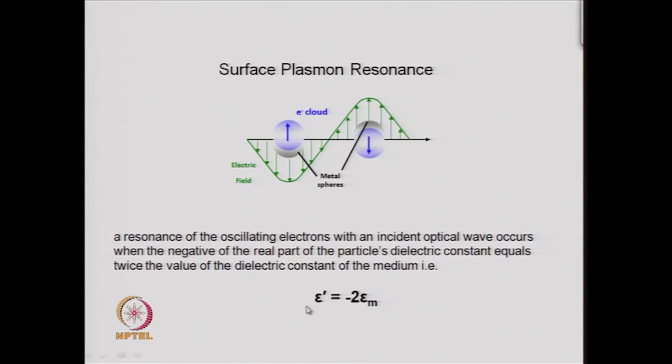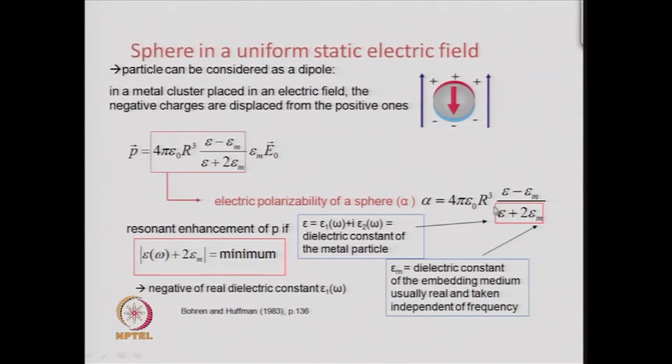That is because of this equation: this is in the denominator and you want to make this whole term very large. That will happen only when epsilon plus twice epsilon m becomes equal to 0, and this epsilon of the nanomaterial can be written as epsilon 1 and epsilon 2, where epsilon 1 is the real part and epsilon 2 is the imaginary part of the complex dielectric constant of the metal.